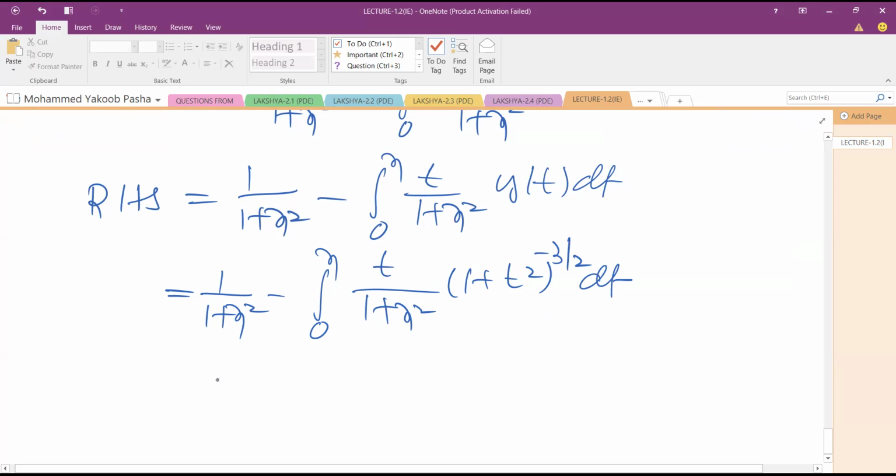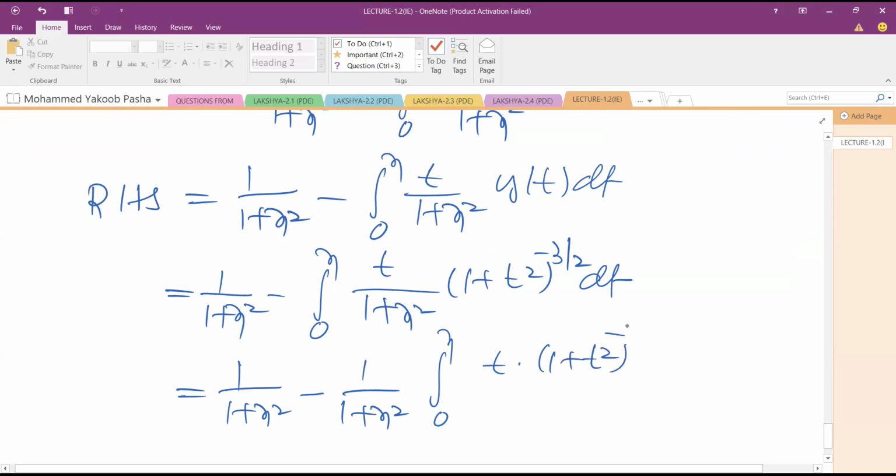So here 1 by 1 plus x square minus 1 by 1 plus x square integral 0 to x, t into (1 plus t square) whole to the power of minus 3 by 2. We are taking the x term outside of the integration.